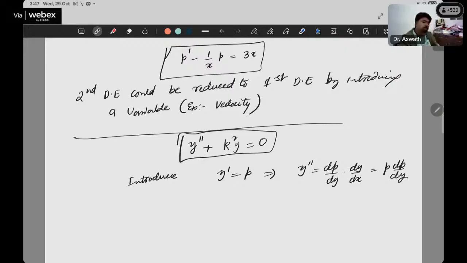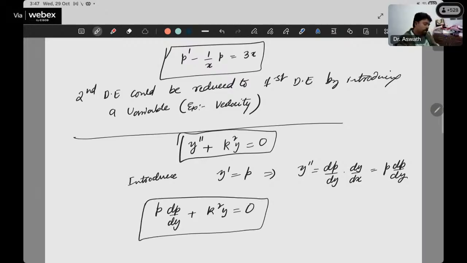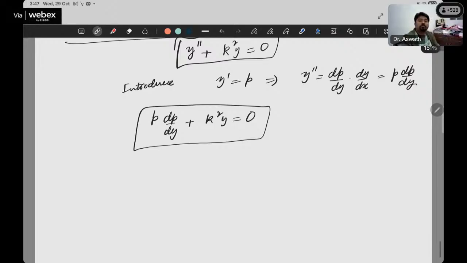So you have this conversion: p into dp by dy plus k square y is equal to 0. I can easily find the solution of this differential equation by whatever method we have seen so far. We can convert this into an easily integrable form and then find the solution.